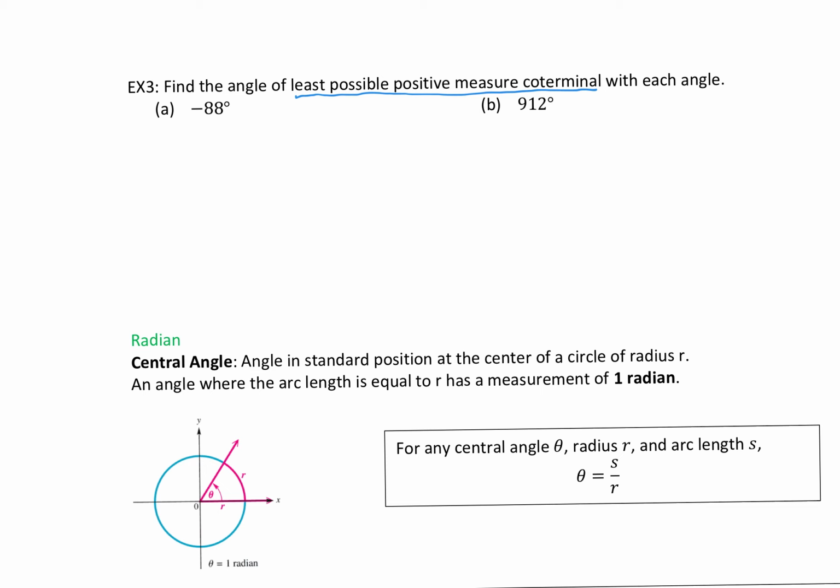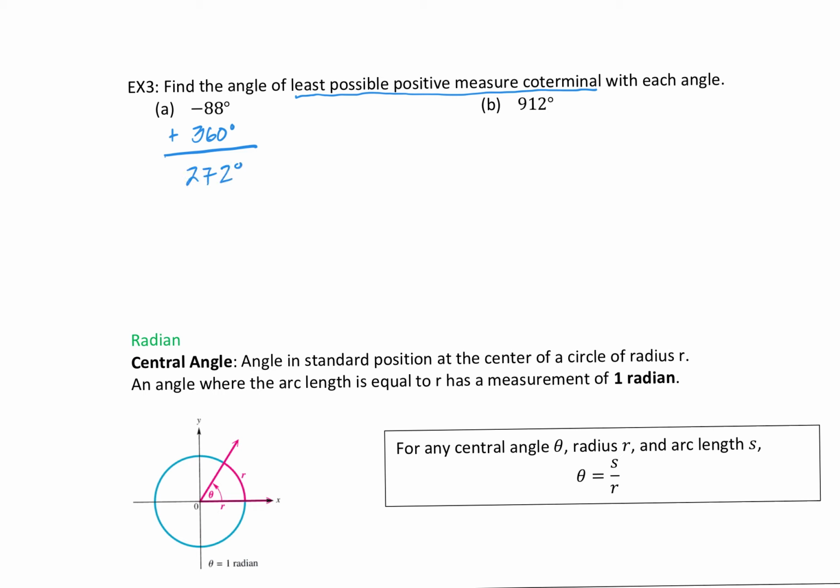In the event that an angle is negative, what you want to do is add 360 until you reach a positive angle. In the event that the angle is positive, like in part B, but really large, larger than 360, in that case, you're going to subtract 360 until you get to a small positive angle between 0 and 360. So let's look at example A. If I were to add 360 degrees, so remember that's the same as 360 minus 88, I would get 272 degrees.